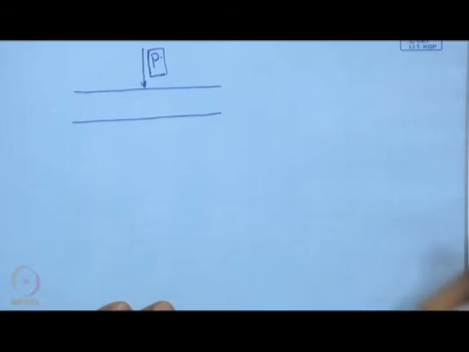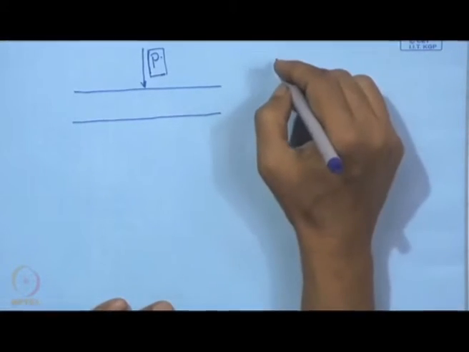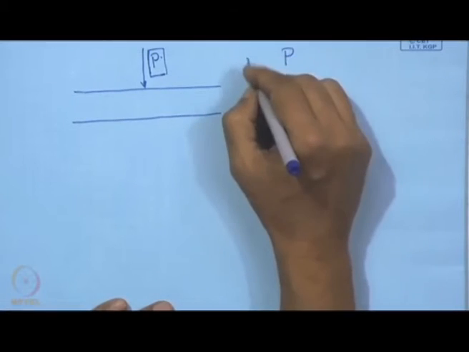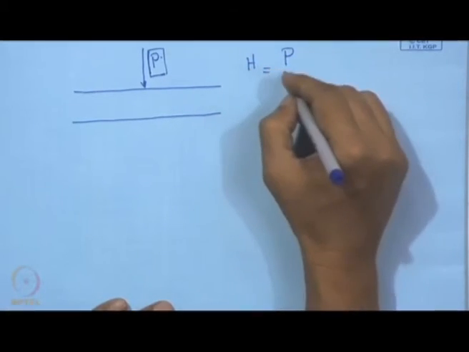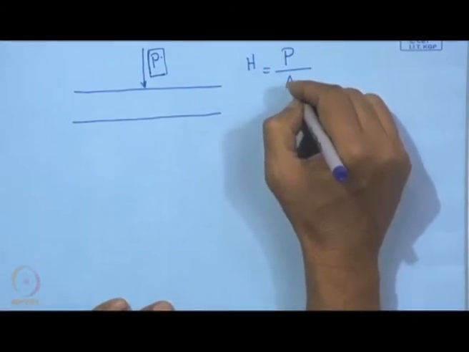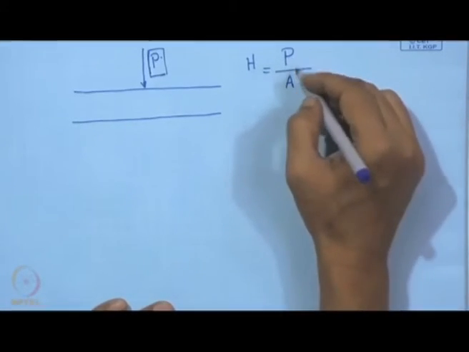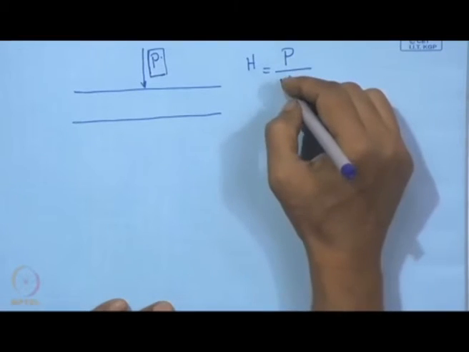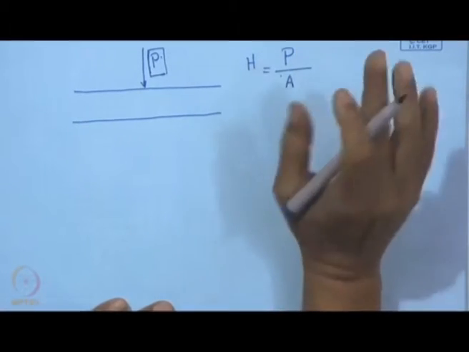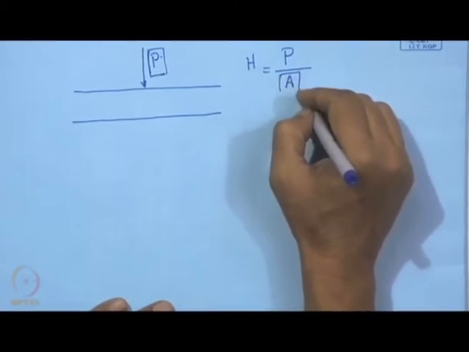Now, in all those cases except in Rockwell, what we have measured is always the hardness value, which is load divided by area under indentation. That is the basic principle, load divided by area under indentation, and in this case what do we measure?